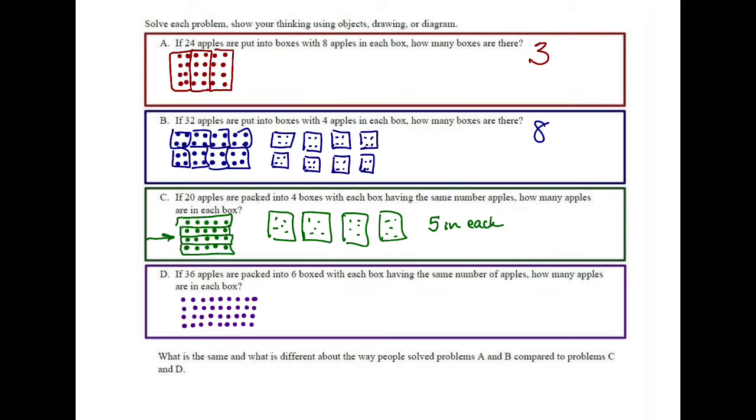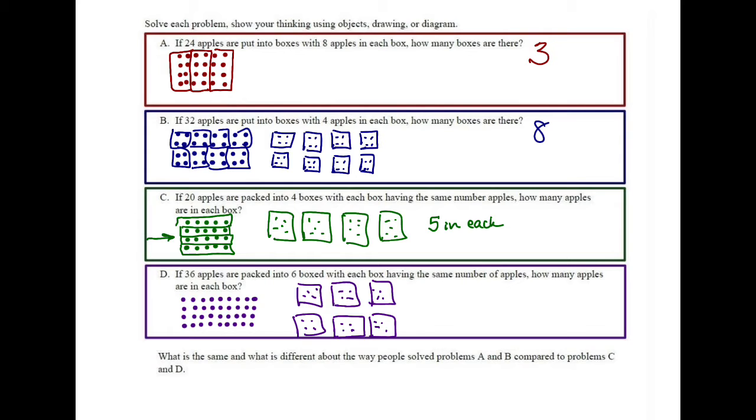And D, 36 apples packed into 6 boxes. So we could do 6 boxes this way, and we want to do them equally. So basically this is like dealing cards. You just want to deal 1 to each player, or 1 apple to each box until we have as many as we need, right?